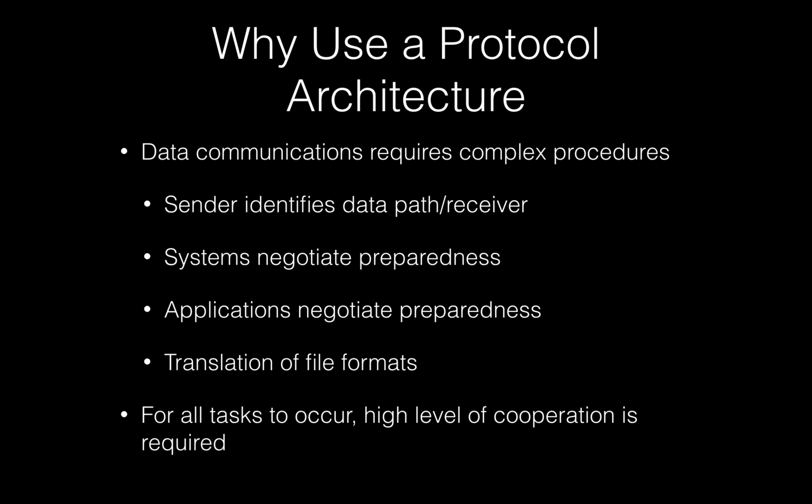Why use a protocol architecture? The reason is that data communications requires complex procedures. The sender identifies the data path and receivers, the system negotiates, and the application negotiates as well, and then there is translation of file format. So all these things are supposed to help you when you are using a protocol, when you want to communicate with other components.